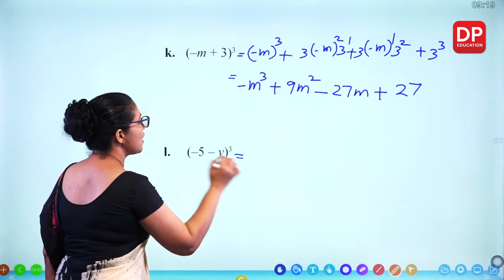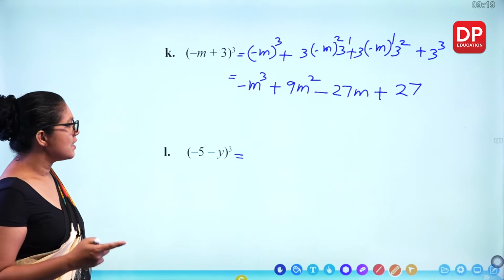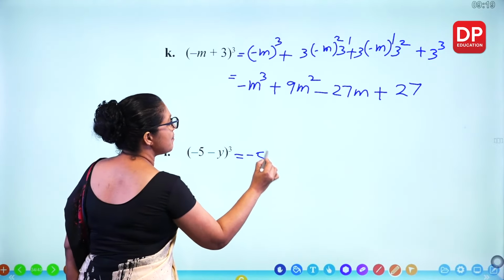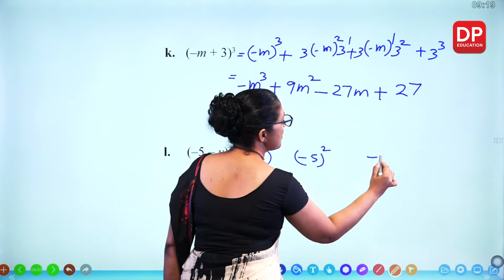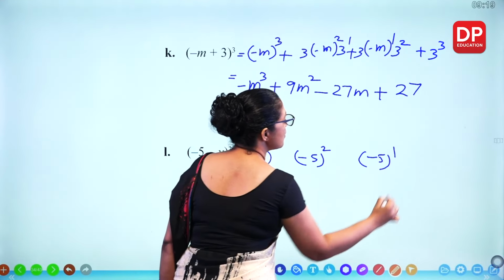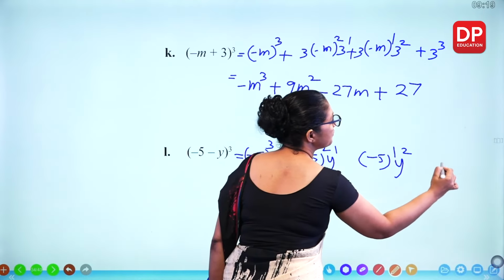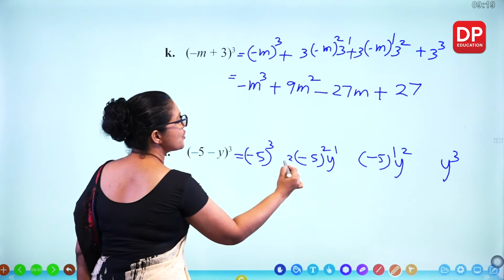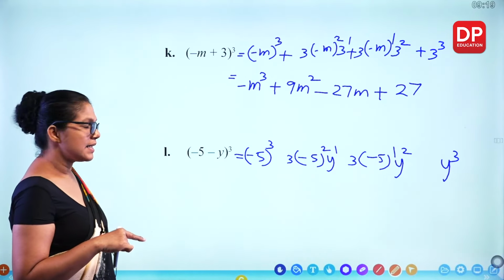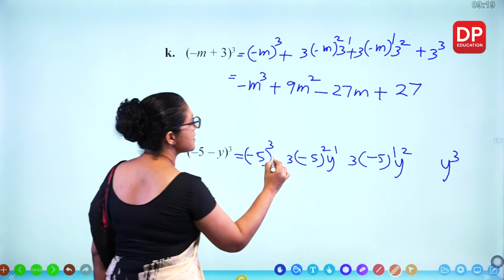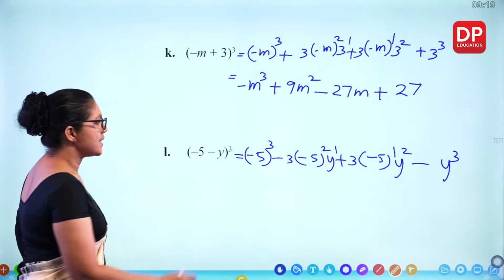This one, first term is minus 5 and the last term is y. Make sure that you put brackets. The power reduces. Second term, power increases. And then you put 3 here. And the sign. Sign is minus in the middle. So first term is plus, second term minus, third term plus, last term minus.